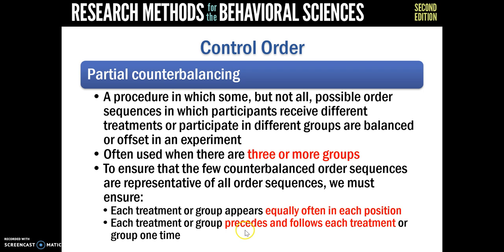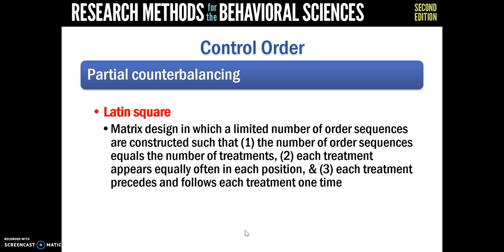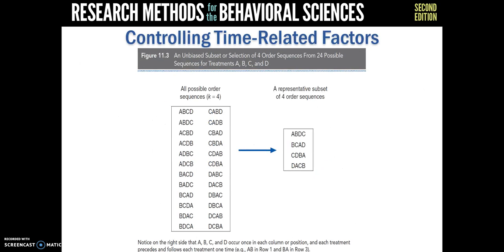So a lot of the time what we do is we use something called a Latin square. A Latin square helps to finalize this. If you look here, it's 4. You have all 4 possible combinations here, but we pick the most representative of the 4 that we should focus on.